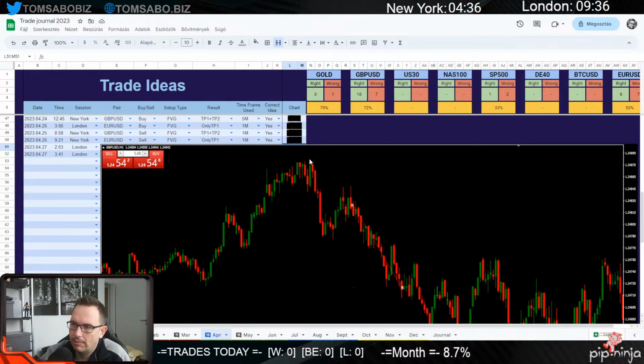I think if I would have put a fib here, it was barely touching the 50%. I don't know why I didn't take it here. I think I was looking away or something. And then I messed up my entry a little bit. It wasn't a precise entry. It's not at 50%. Maybe it's a little bit below.